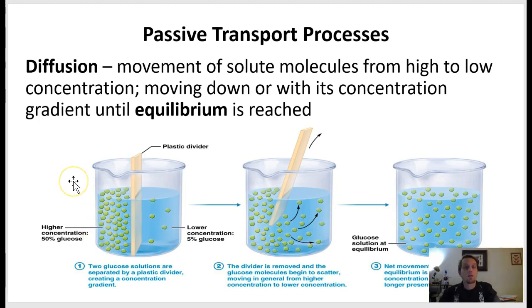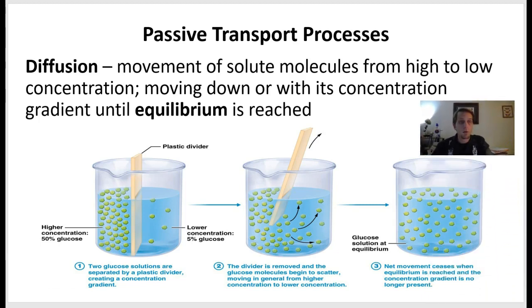Passively, solute particles or water all want to move down their concentration gradient. So sugar wants to move down its own concentration gradient as it bumps into itself. Likewise, water wants to move from high concentration of water to low concentration of water, and from high concentration of sugar to low concentration of sugar. So we move it out, and there it goes.